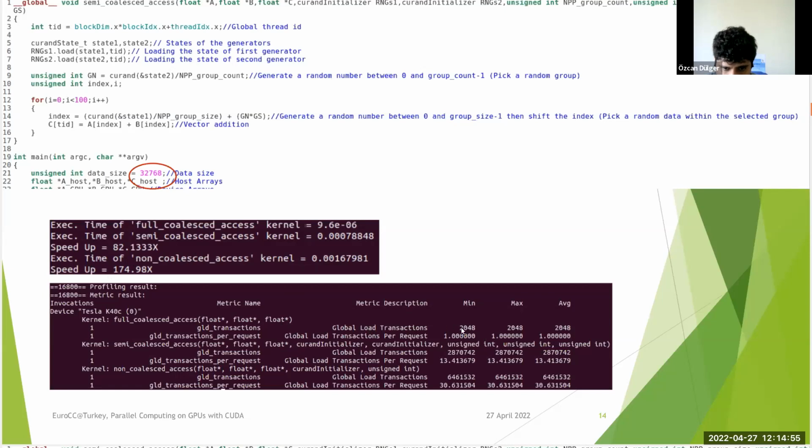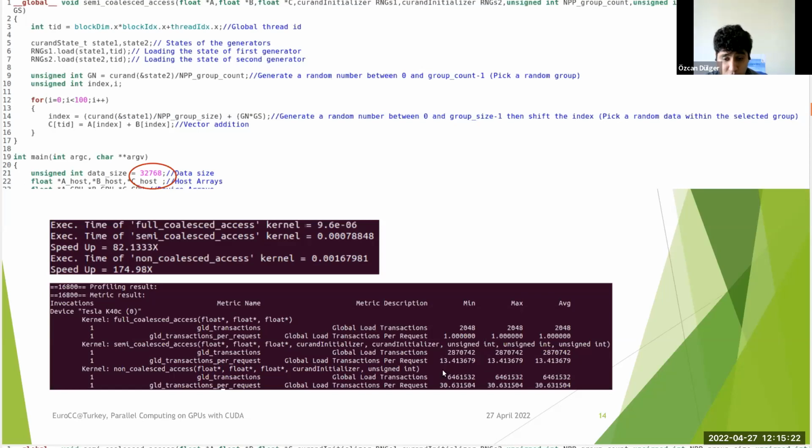Let's look at the output of the metrics. For the full coalesced access, again, the number of total global load transactions is 2048. Half of it is for reading A, half of it is for reading B, and the average is exactly 1. For the semi-coalesced access, the average is 13.4. This is also an expected output.